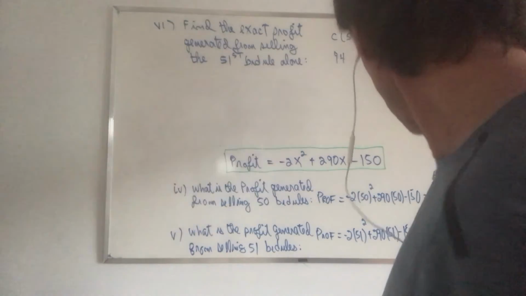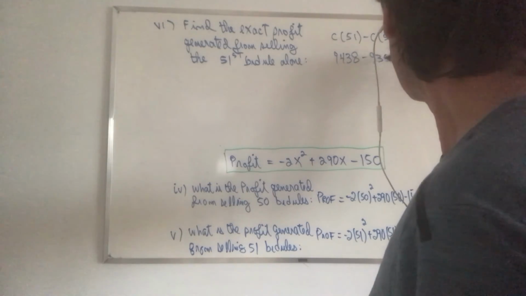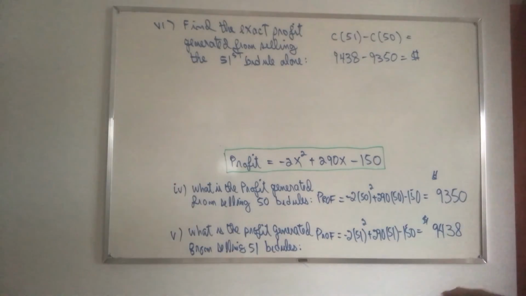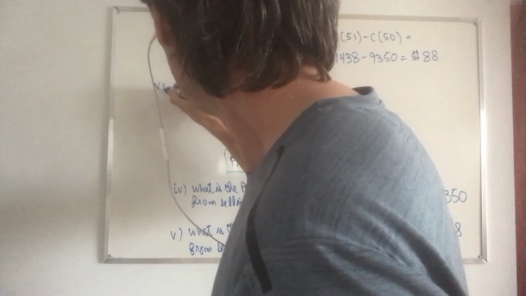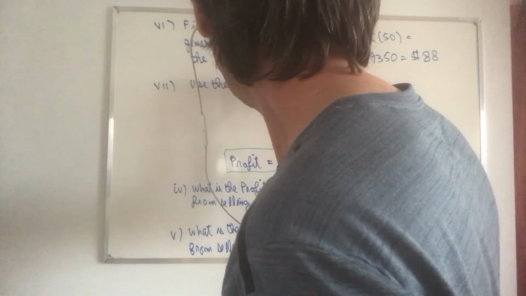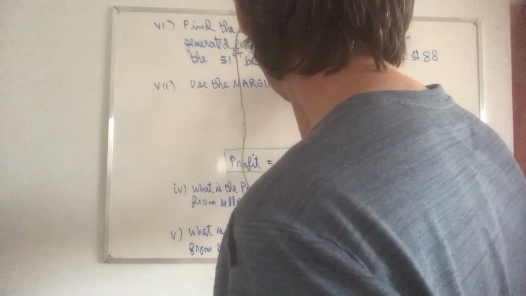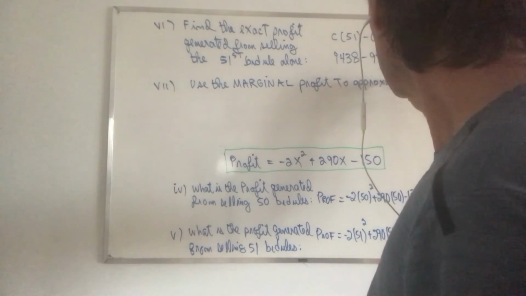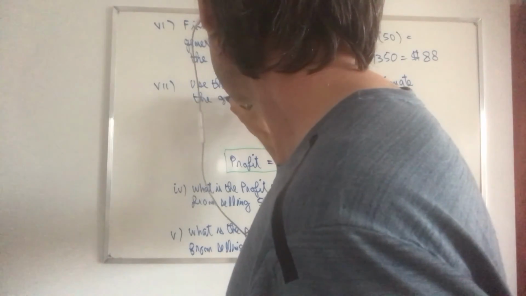So 9,438 minus 9,350. So the profit from making the 51st alone is $88. Finally, use the concept of marginal profit to approximate the quantity in 6.